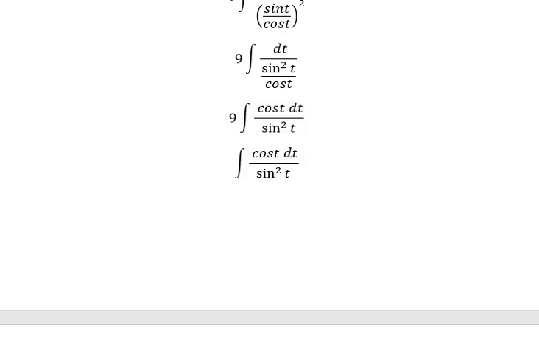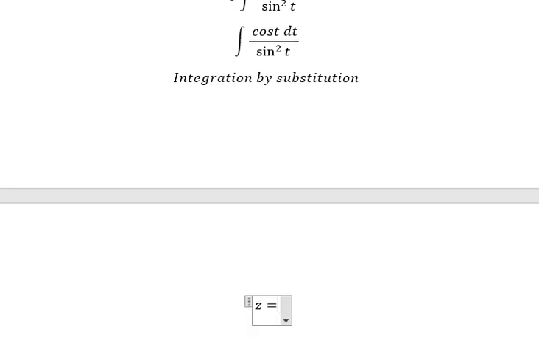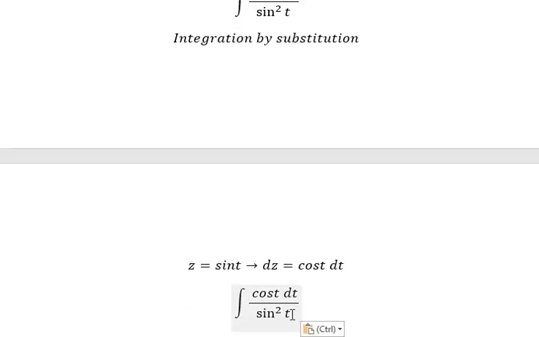So we need to use integration by substitution. I will put z equals sin t. Then dz is cosine t dt. So this one, z squared cosine t dt, we change to dz.